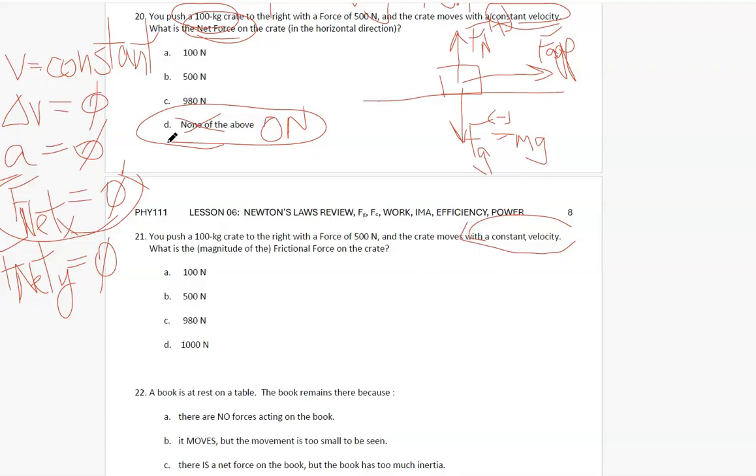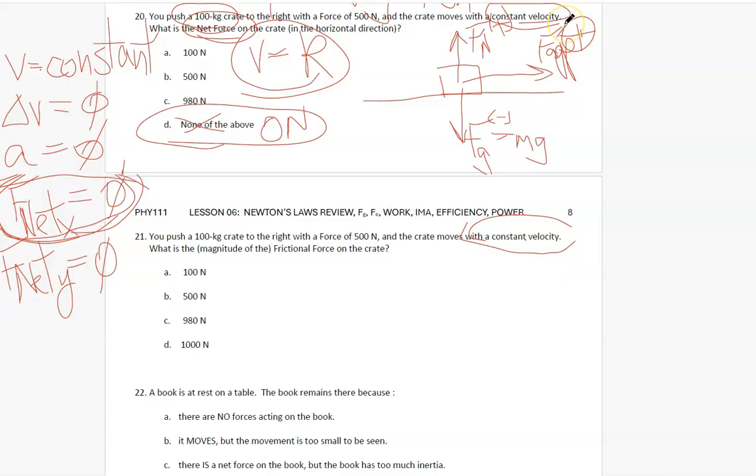Question 21 asks, to continue this thought, what is the magnitude of the frictional force on the crate? Well, we never mention a frictional force on the crate, but we know the velocity is constant. So I'll use a K for constant here. If it's constant, we know the net force in the horizontal direction is 0. Well, we only know about one force in the horizontal direction.